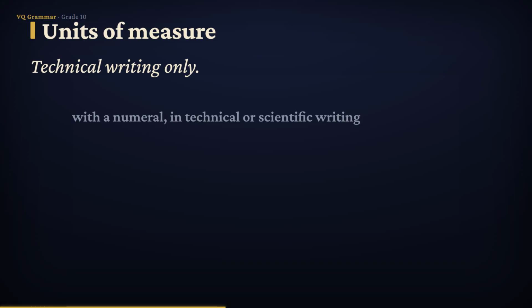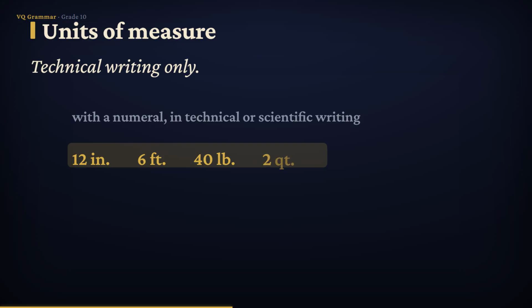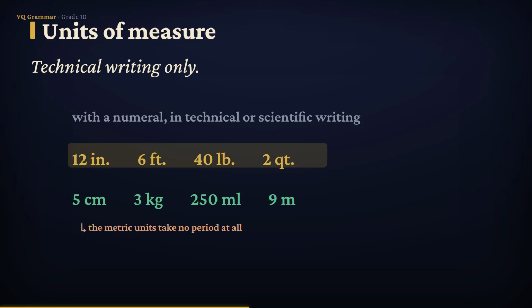Units of measure have a habit of their own. In technical or scientific writing, when a unit stands next to a numeral, you may abbreviate it. 12 in. for inches, 6 ft. for feet, 40 lb. for pounds, 2 qt. for quarts. Those traditional units take a period. The metric ones do not. cm, kg, mL, and m stand there with no period at all.